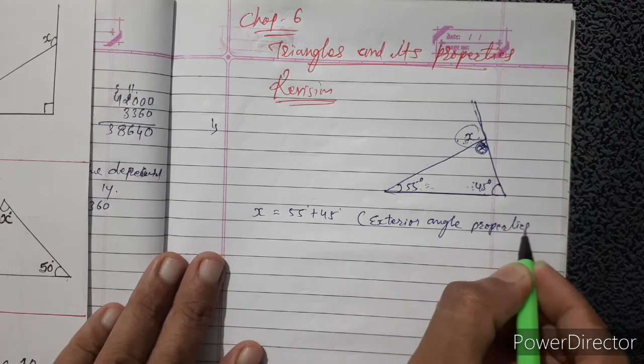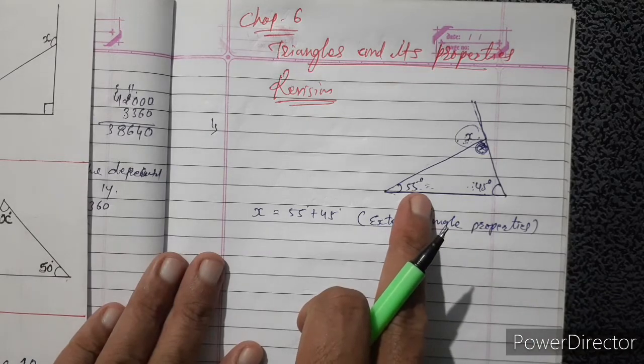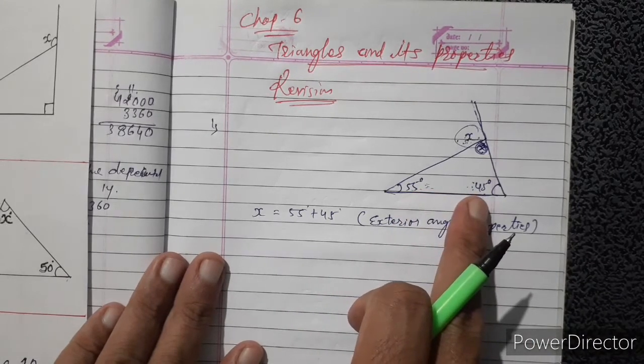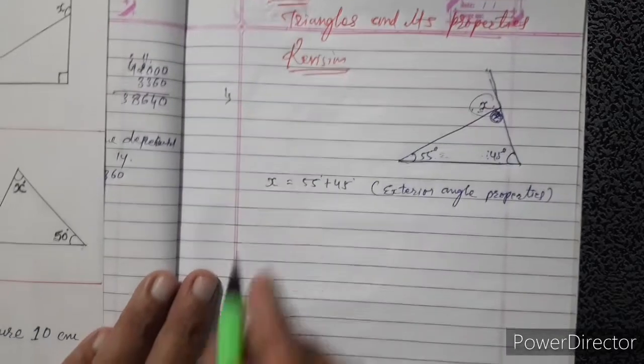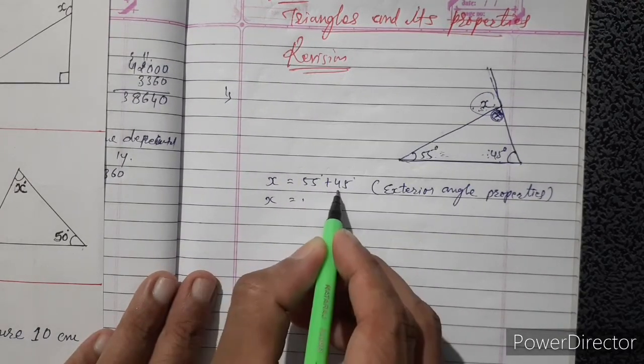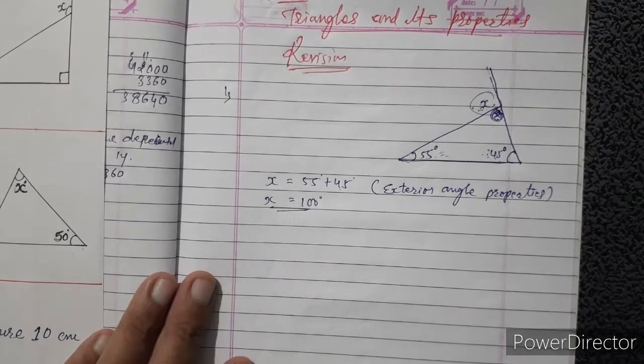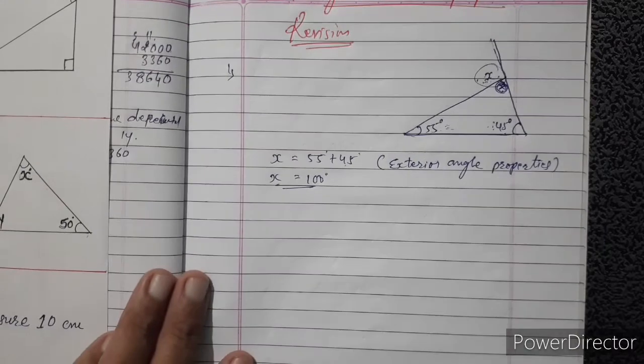What is the exterior angle property? It says that the sum of the interior opposite angles is equal to the exterior angle. So x equal to 40 and 50 and 100 degrees. So the value of x is 100 degrees.